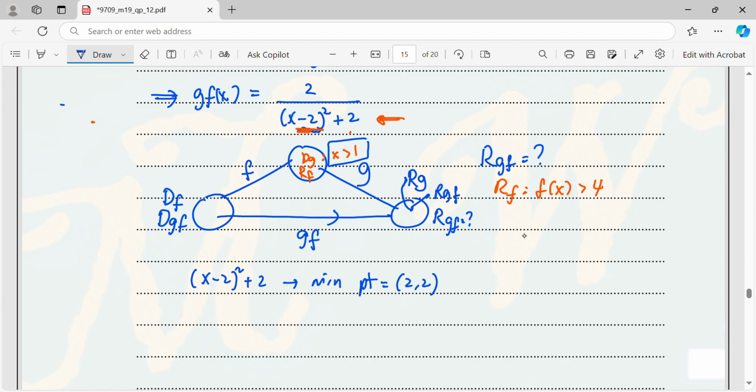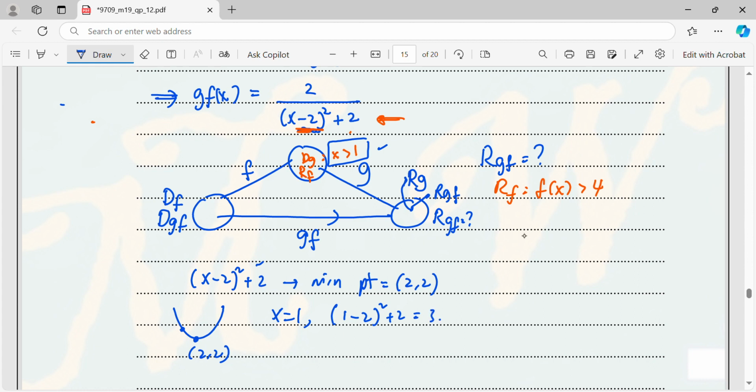Now when you refer to this value, let's say I sketch a graph. So this is 2, 2. But remember, my domain g is x greater than 1. That means now here I need to find out when x is 1, what my value is. So when x equals 1, this is 1 minus 2 squared plus 2, that is going to be 3.